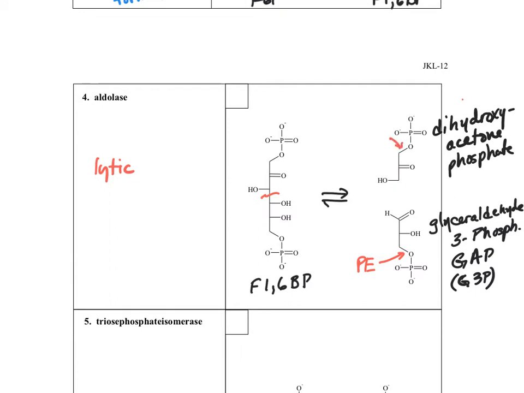After we note that this is also a phosphoester, the one we just put on there in reaction 3, let me ask you a question or two. What's the relationship between dihydroxyacetone phosphate and GAP? The second question I'd like to ask you is, why do we need to have a 3 down here, but we don't need to say 1-phosphate or 3-phosphate here? See if you can pause and think about those two questions a little bit.